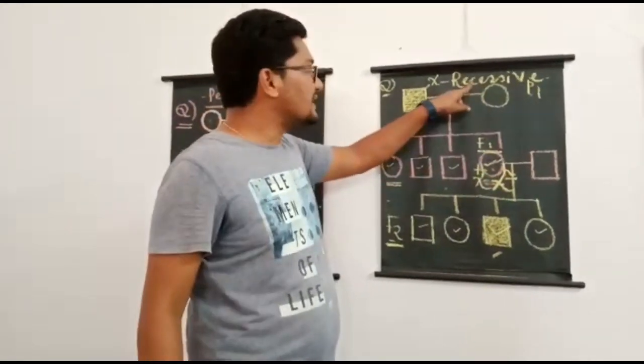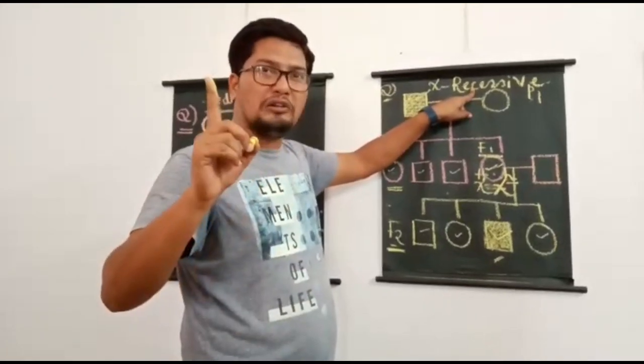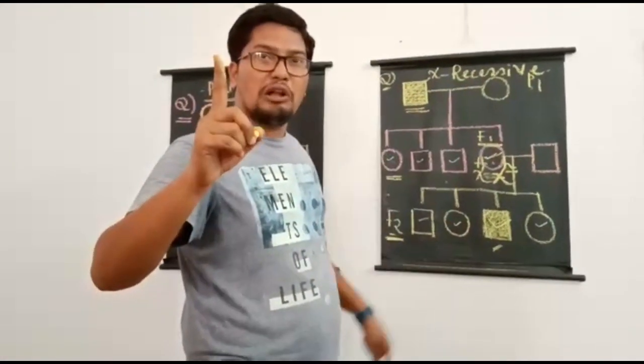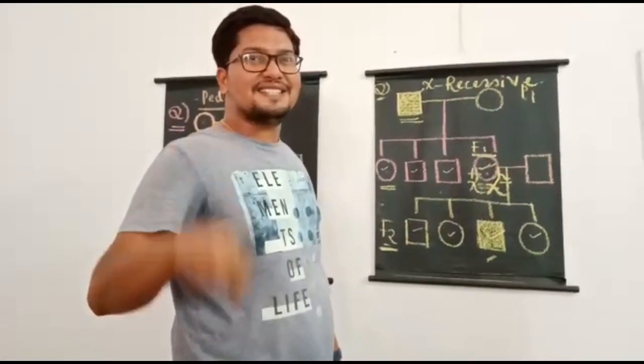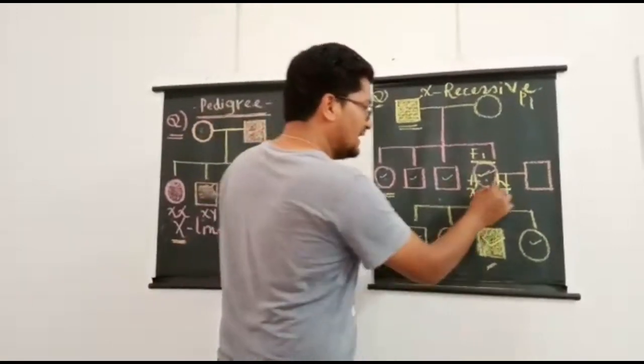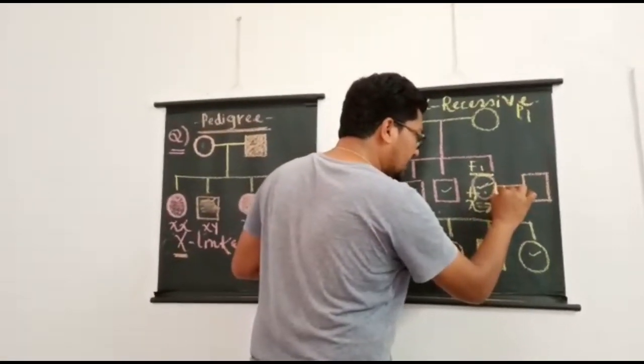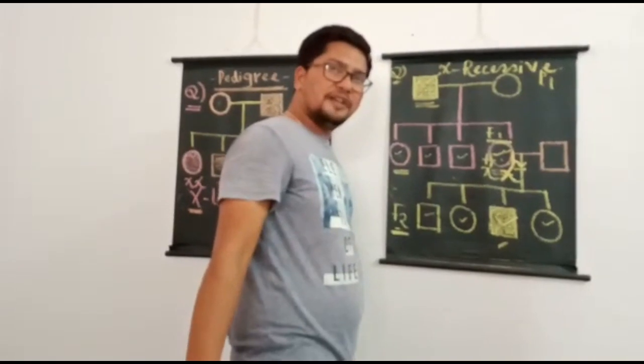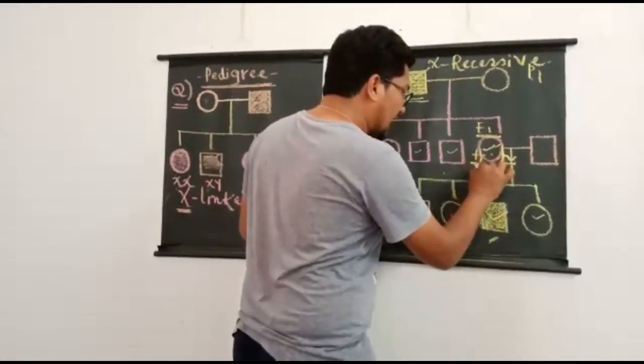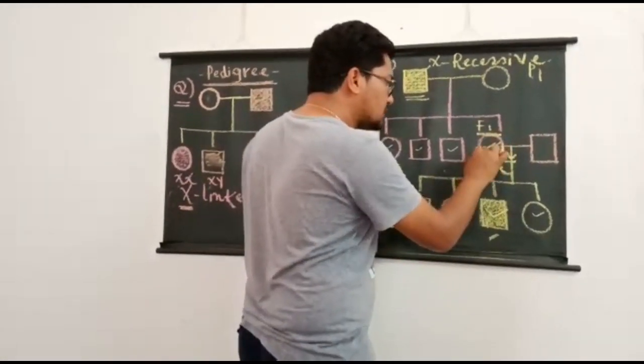Why? It is a recessive trait, and we know recessive traits are always expressed in homozygous condition. But here you see, she has the allele for hemophilia only on 1 copy of X chromosome, but on the other copy of X chromosome, what is present?